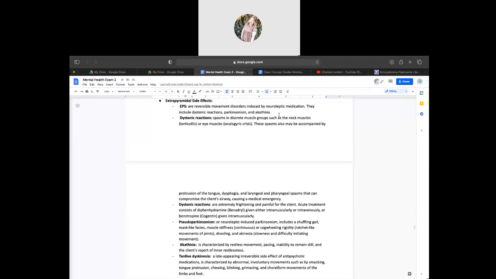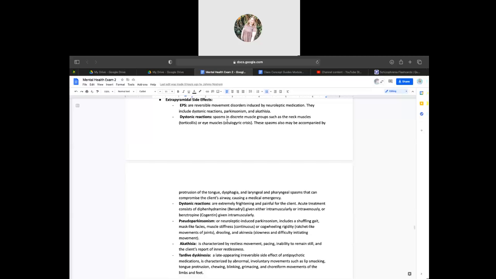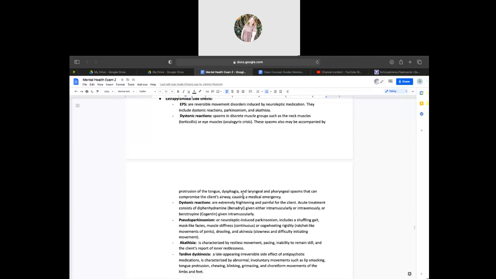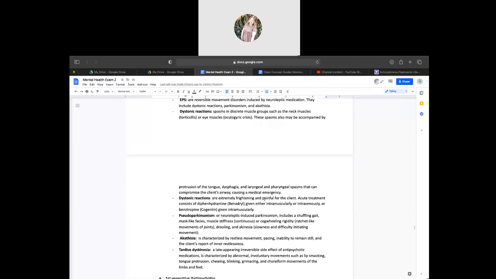So they're going to have dystonia, which is going to be spasms in the neck muscles, eye muscles, and the back. They may have dysphagia, tongue protrusion, spasms. The client might be having pain for that.